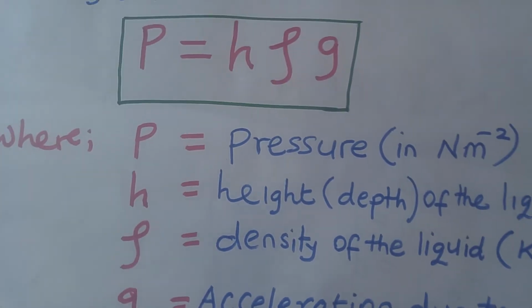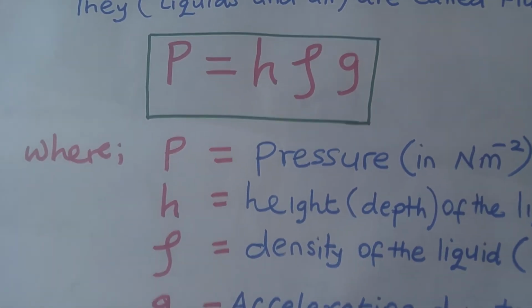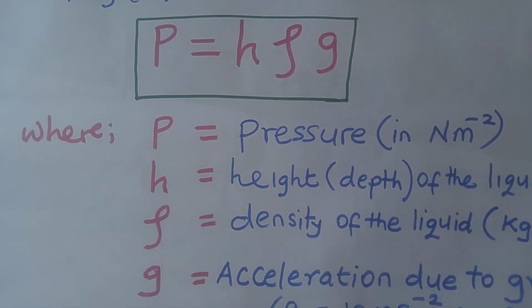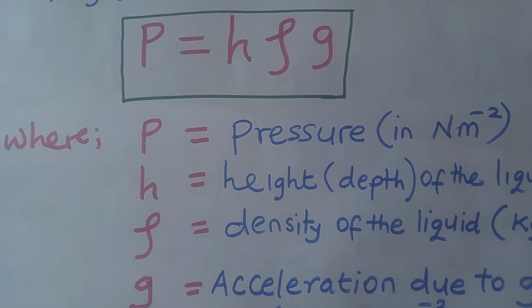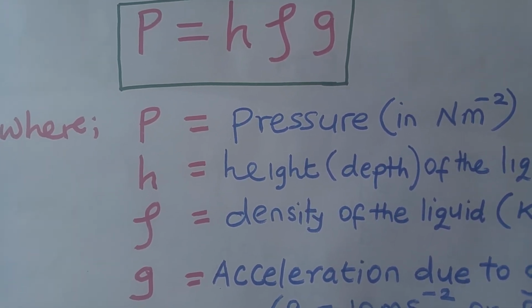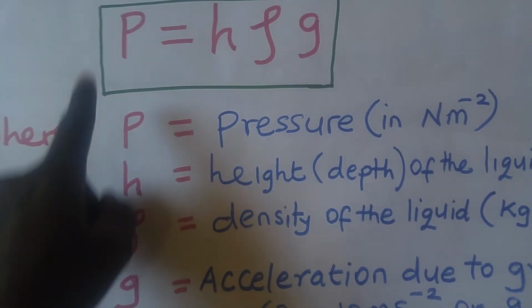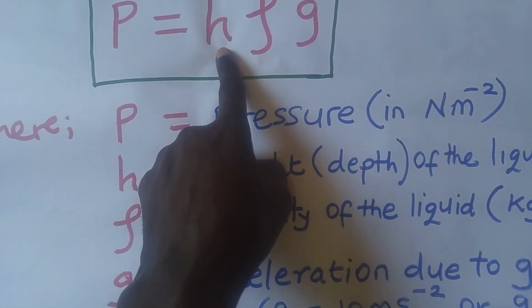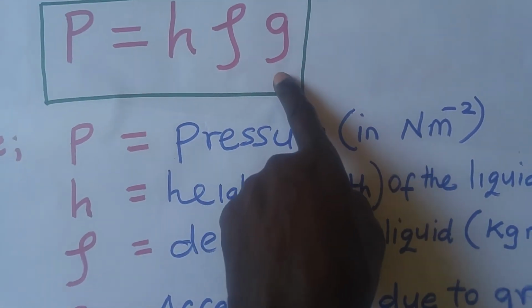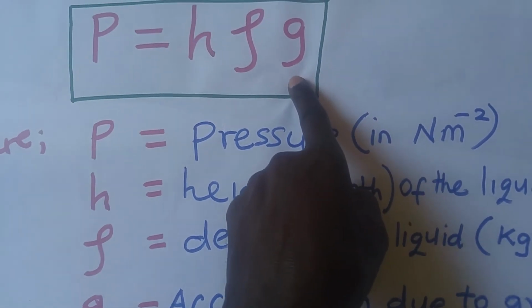Now let me pose a simple question. By looking at this formula of pressure in liquids, what are the factors which affect pressure in liquids? Automatically, there are three factors there. You see, pressure is affected by height of the liquid, density of the liquid, and then acceleration due to gravity.